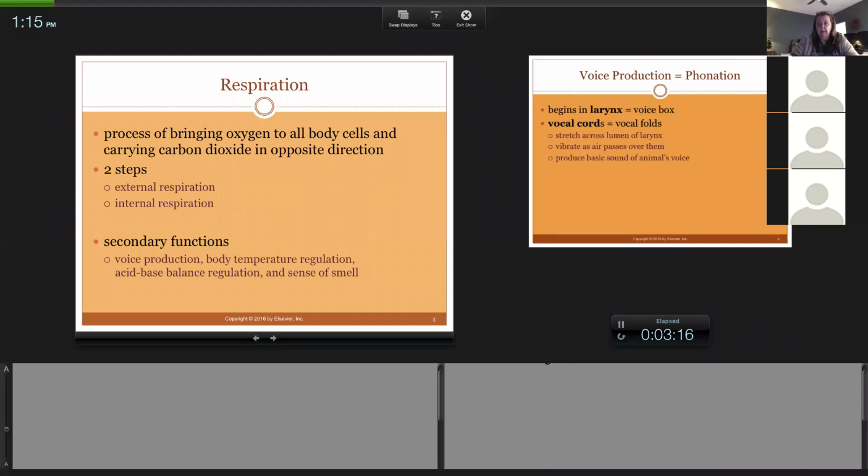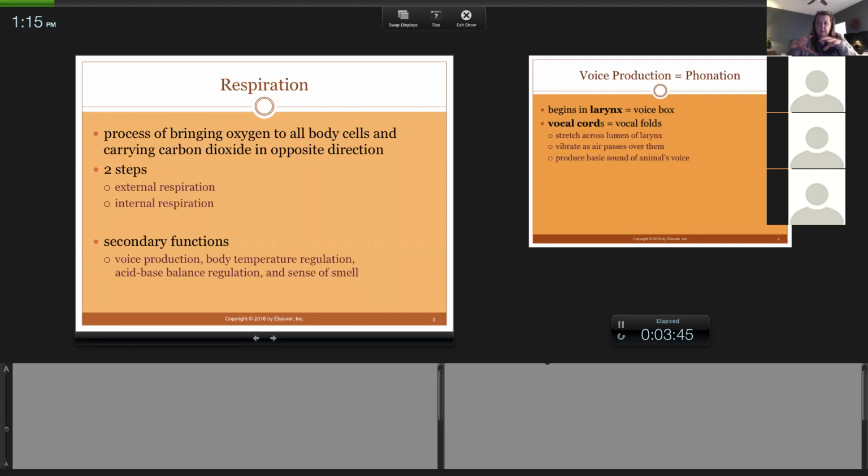We have to have an animal that maintains normal acid-base balance. Remember I said normal pH of the blood is 7.4. When acid concentration starts to shift away from base, the respiratory system has a role to try to fix or adjust that.